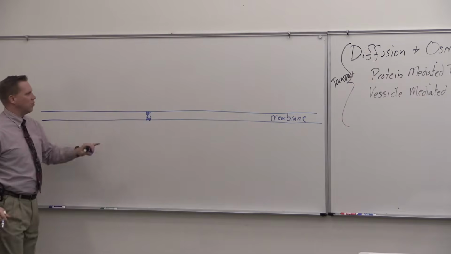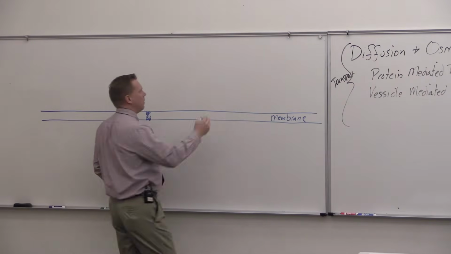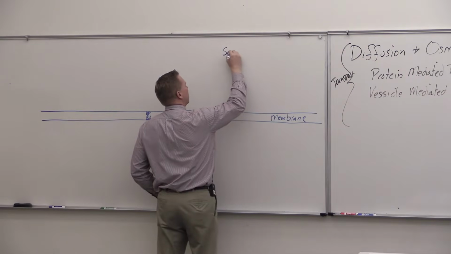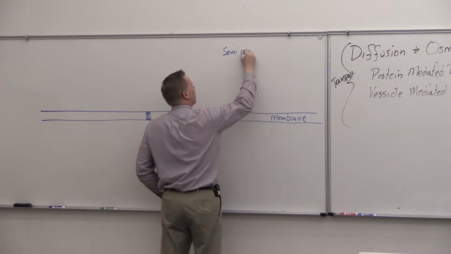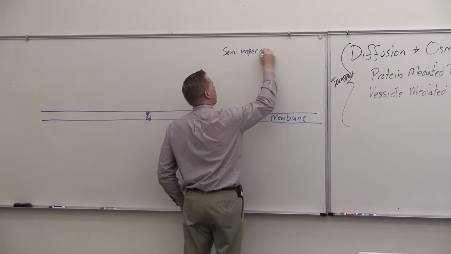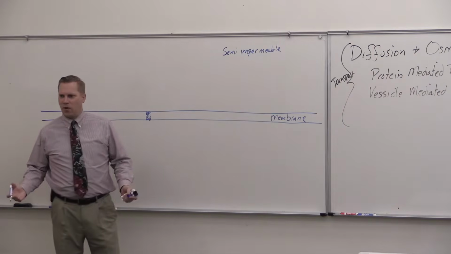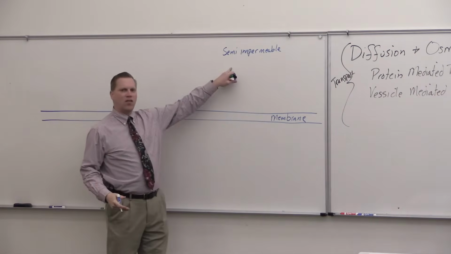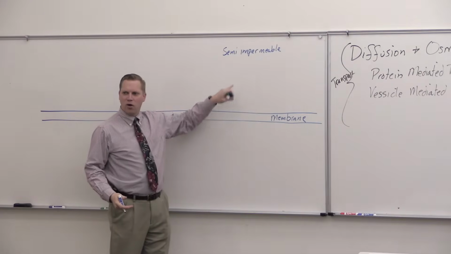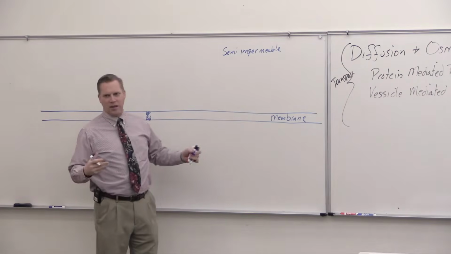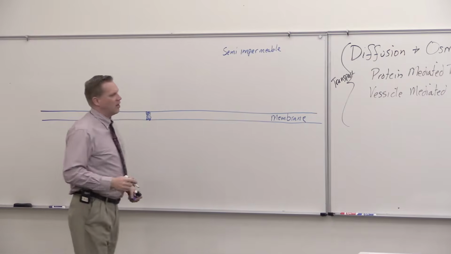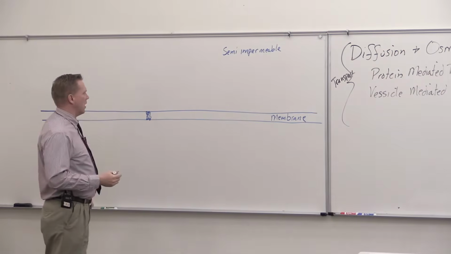And what happens is we describe this membrane as being semi-impermeable. Or you could also say that it's semi-permeable. And that just means that there are certain molecules that are able to go across the membrane all by themselves, and other molecules that are not able to go across the membrane.